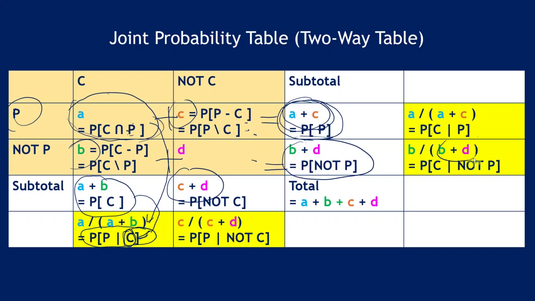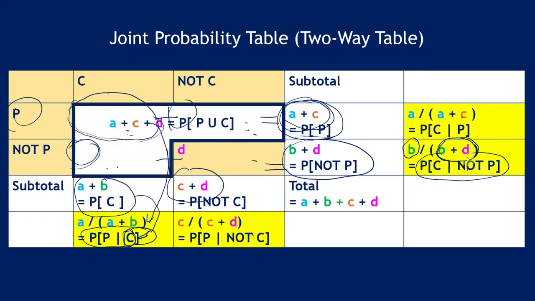And then this subtotal, if we use it as a denominator and we take B as the numerator, then we'll be able to calculate C given not P. So with these divisions, you will get these conditional probabilities.